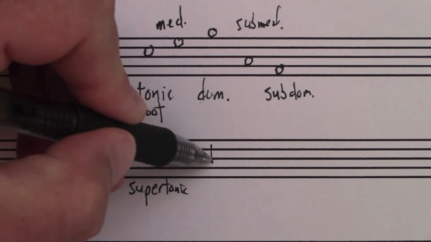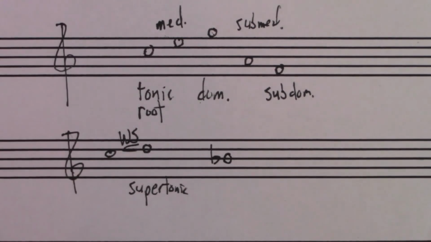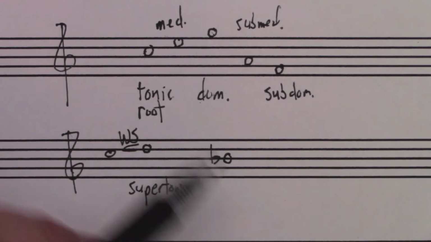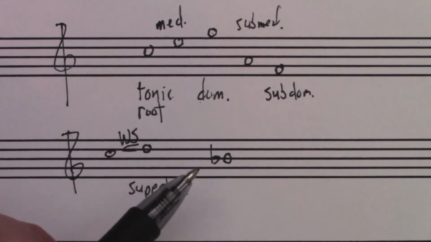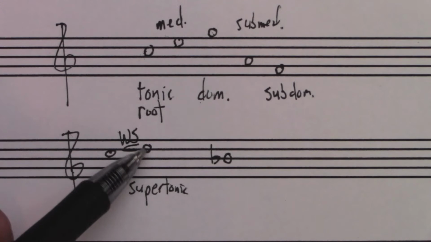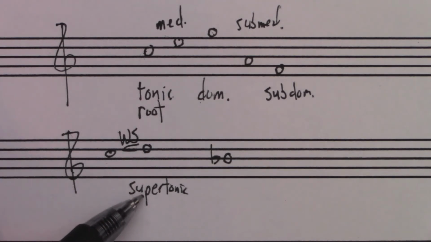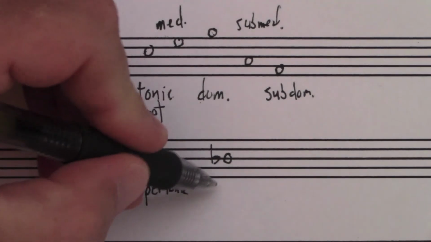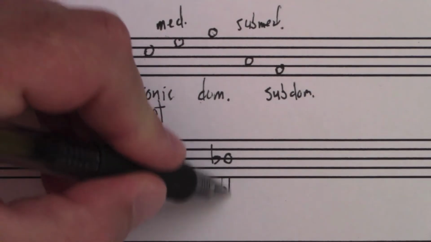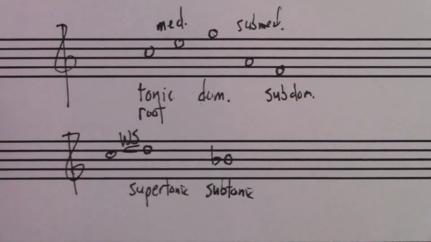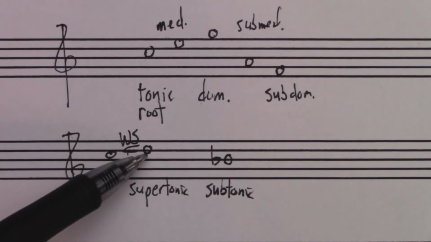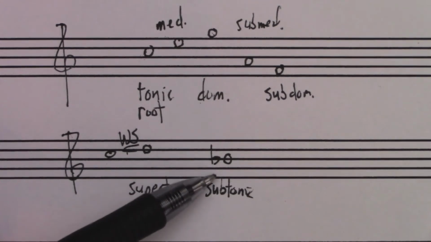We get B flat. Is this in the key of C? No. But that's okay. We don't care about that right now. The important thing is up a whole step is the supertonic. Down a whole step is the subtonic. Again, same thing. Up a third, down a third, up a major second, down a major second.